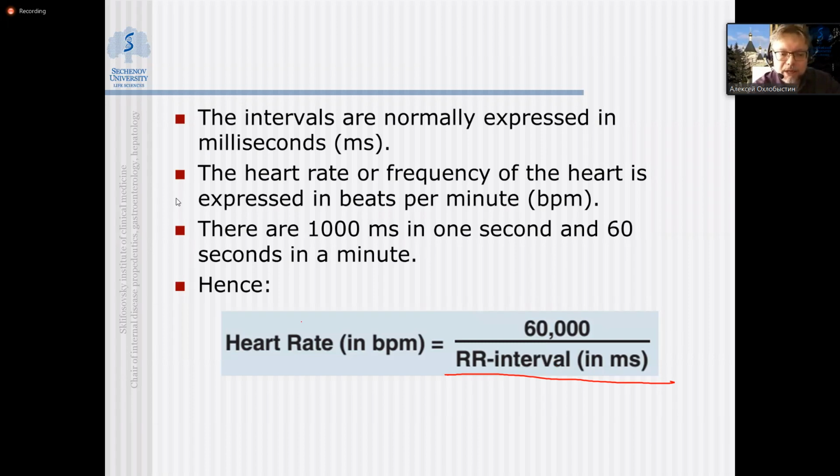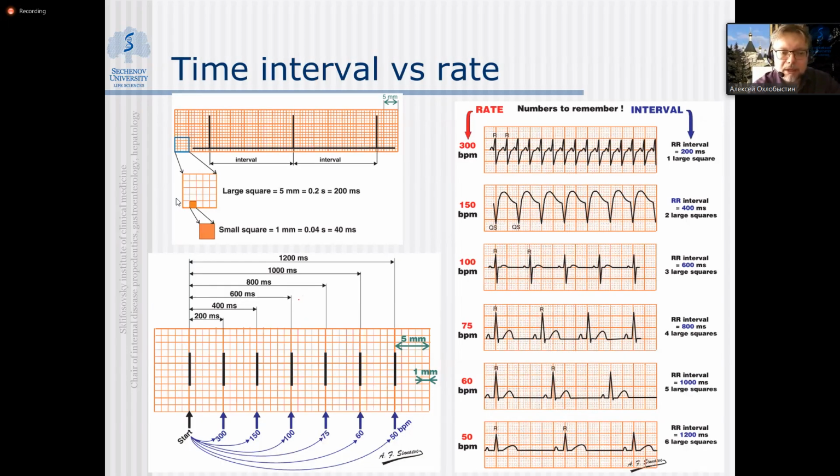Well, another approach, again, it may look complicated for a student, but it may be quite easy for a practical doctor who looks through a lot of ECGs during the day. We can pay attention to certain episodes in the recording and measure the distance between complexes in the ECG.